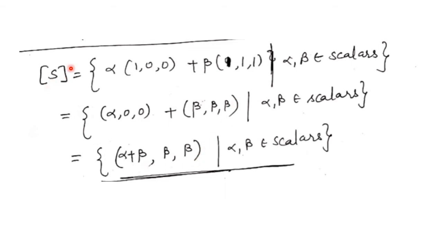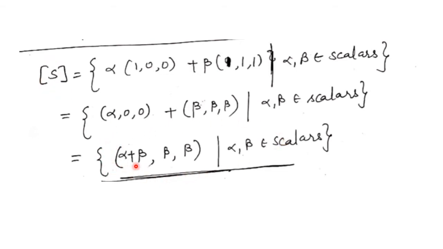So what will be the span of set S? It is nothing but the elements like this: (alpha plus beta, beta, beta). So once again, our S is a non-empty set having these two elements, but the span of the set is a bigger set, having all these elements.